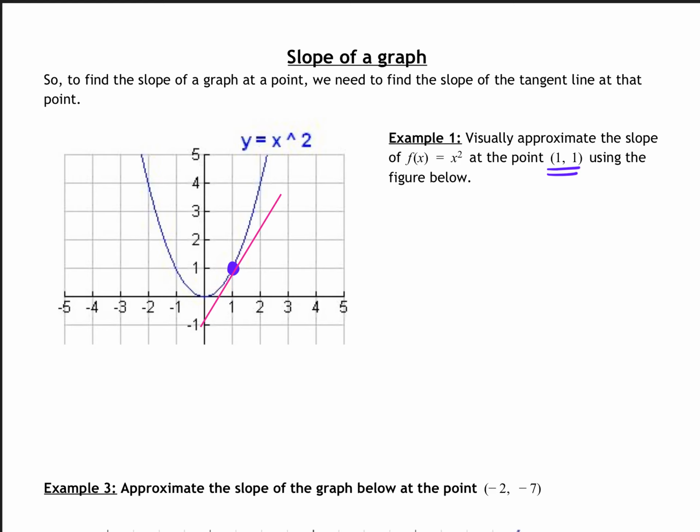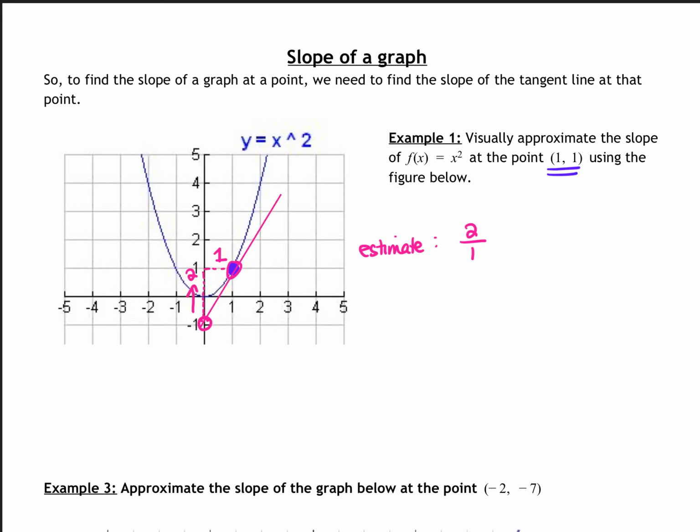So maybe to find the slope of this tangent line, I go from here, I don't know, to here. Those 2 points look like they might work out well, and we're just estimating this slope. So this goes up 2 and right 1. So an estimate of my slope would be rise 2, run 1.